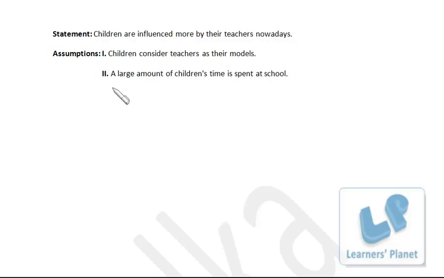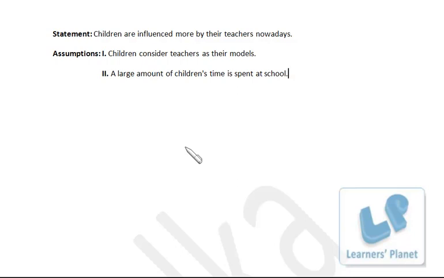The second one is a large amount of children's time is spent at school. Friends, here in the statement nothing is mentioned about the time which children are spending in school, right? So that's actually an irrelevant assumption. Apart from that, nobody gets influenced just by spending time with some other person, right? Suppose I give you a very simple example.